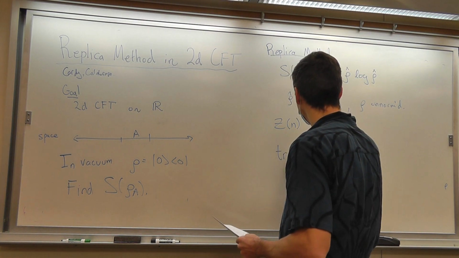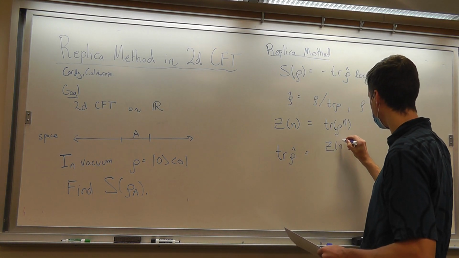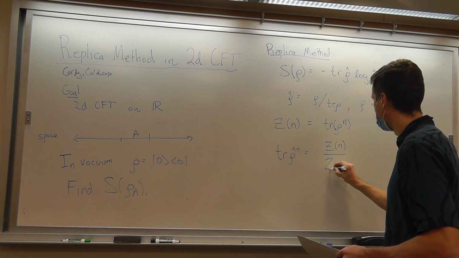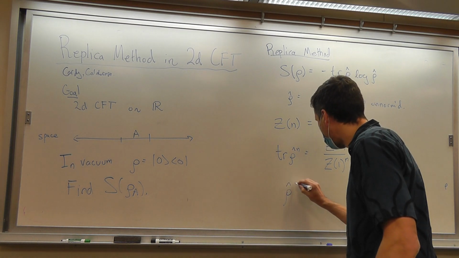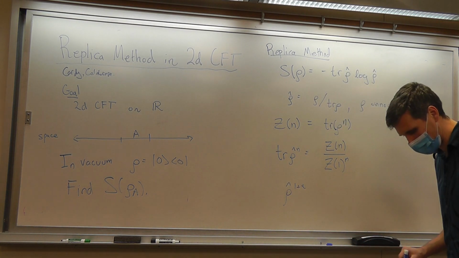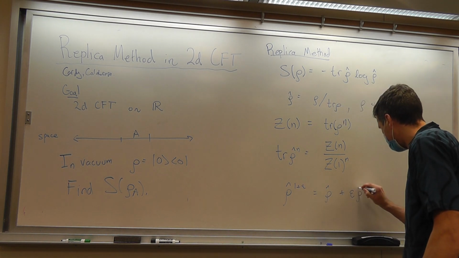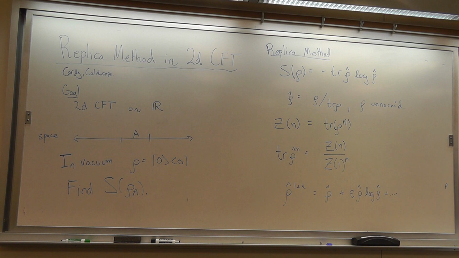And if you can calculate trace of rho to the n, then the normalized version, trace of rho hat to the n, would be Z of n over Z of 1 to the n. And then just using the fact that rho hat to the 1 plus epsilon, for small epsilon, is rho hat plus epsilon rho hat log rho hat plus dot dot dot, we're going to use these powers to extract the log.